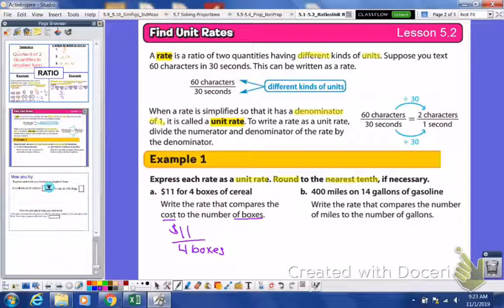Then we divide by 4, which would give us 2.75. $2.75 per box. Now, in the directions, it said to the nearest tenth if necessary, but in this one, we are talking about money. Money is always 2 decimals.